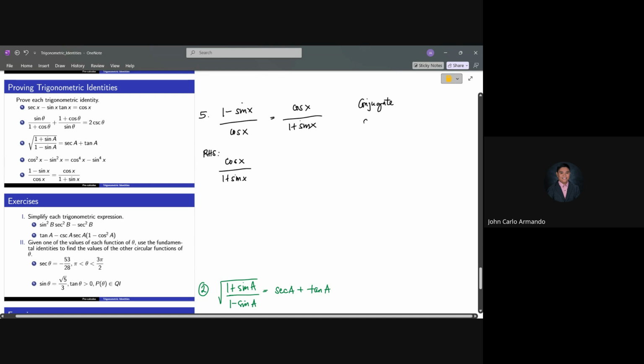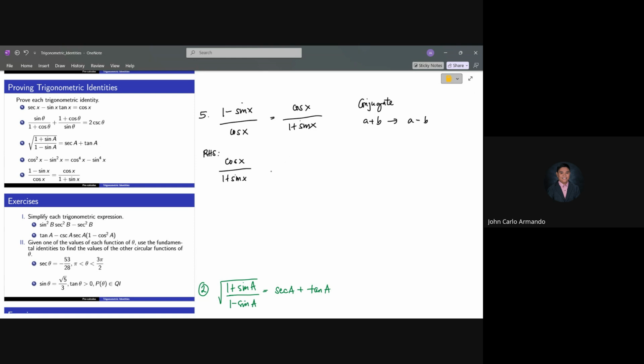If we have the expression a plus b, the conjugate is a minus b. Just simply change the operation to its opposite. So we know that we have 1 plus sine x here. So you multiply both numerator and denominator by the conjugate, which is 1 minus sine x.